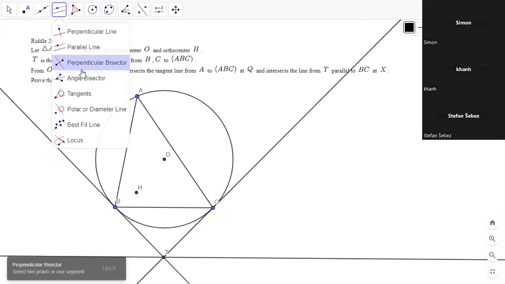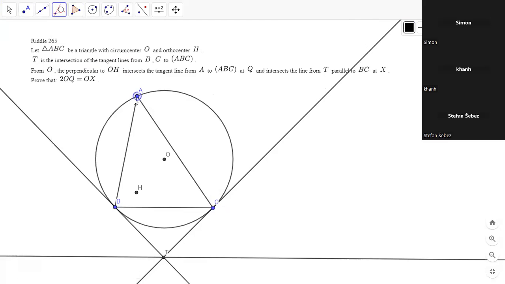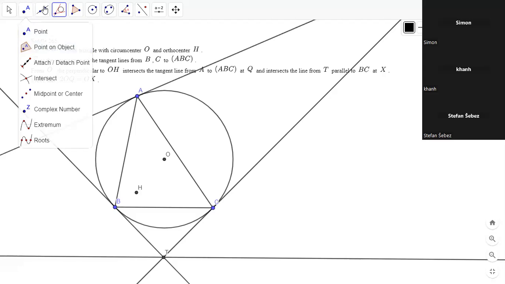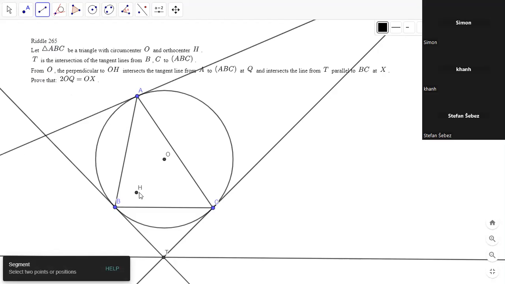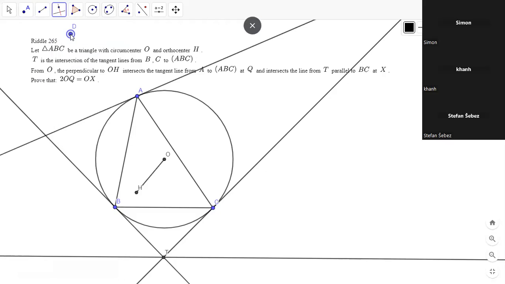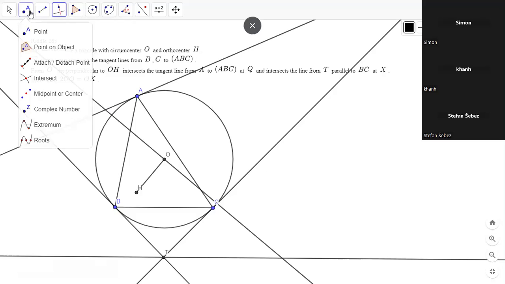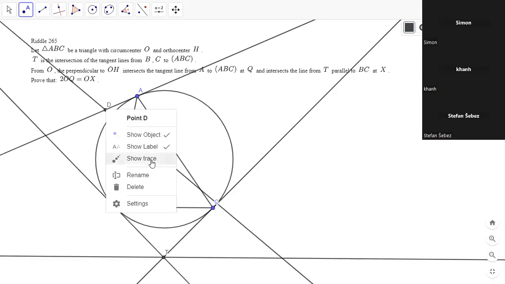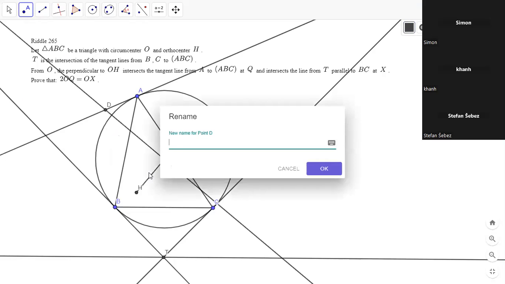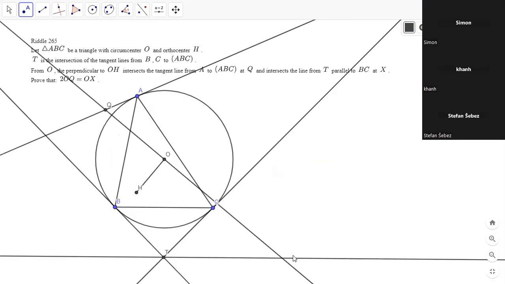And then we also draw the tangent to the circle at A. And then we draw the line perpendicular to OH through O. And we let it intersect this at Q, and it intersects the other at X. And we want to show that 2OQ is equal to OX. So this is Q, and this is X.